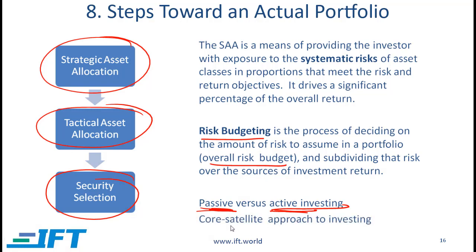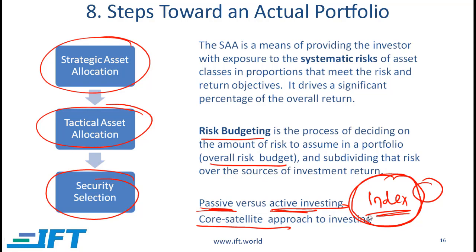There is an investment approach called the core satellite approach. What that means is you divide your portfolio into two parts, the core part and a satellite part. The core part is managed based on a passive strategy where you put most of this money in some sort of index fund.